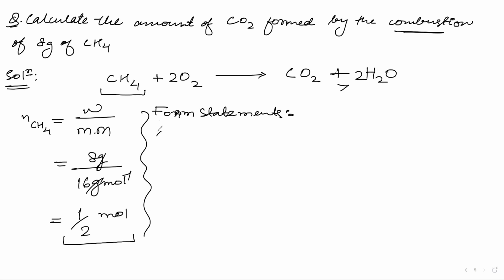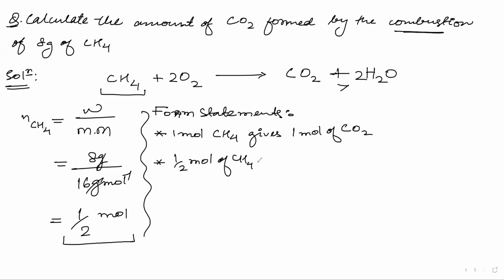According to the chemical reaction, 1 mole of CH4 gives 1 mole of CO2. Next, what should I write? 1 by 2 mole of CH4 forms 1 by 2 mole of CO2.